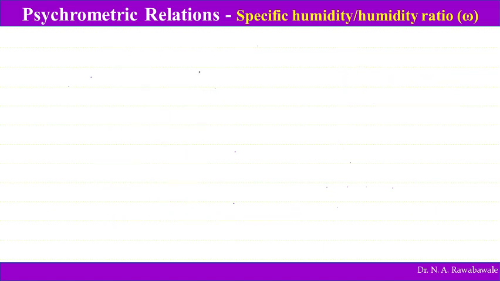So further we can write this omega, specific humidity or humidity ratio, is equal to 0.622 PV divided by PA, where PV is partial pressure of vapor and PA is partial pressure of air. Which can be written as 0.622 into PV divided by PB minus PV. How do we replace PA by PB minus PV?